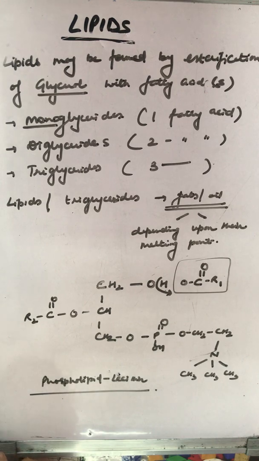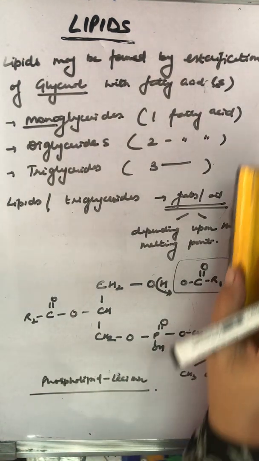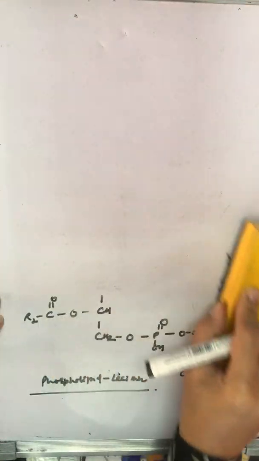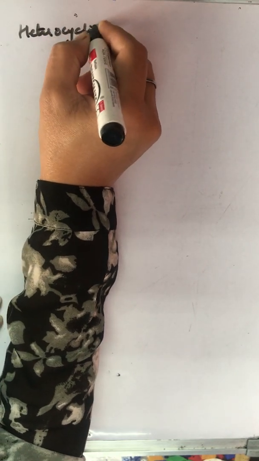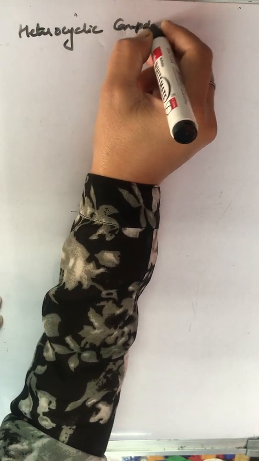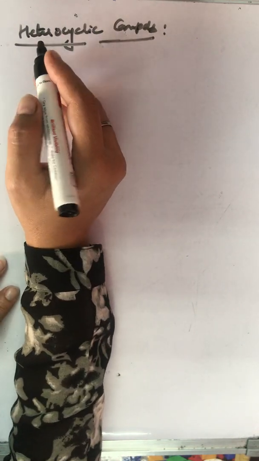Okay. Now we are moving to our next topic, heterocyclic compounds. Hetero, as the name says, these are the organic compounds with heterocyclic rings, with two different rings. First are the nitrogenous bases.